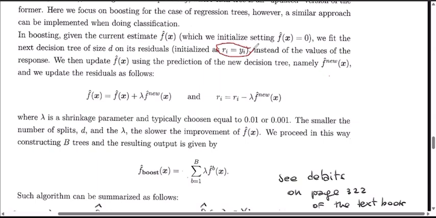Which means we are initializing the residual equal to y. Instead of the values of the response, we are using the residual. But don't forget, to get the residual, I've already used the values of the response. Residual is the difference between the actual observation and the predicted. I think you know that.